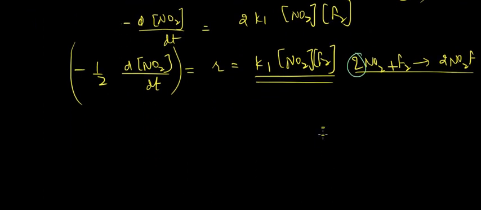Now let us see another example. We have 2 moles of NO reacting with O2, forming 2 moles of NO2. This can be further classified into 2 steps.